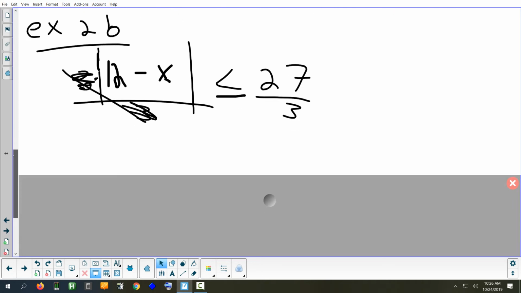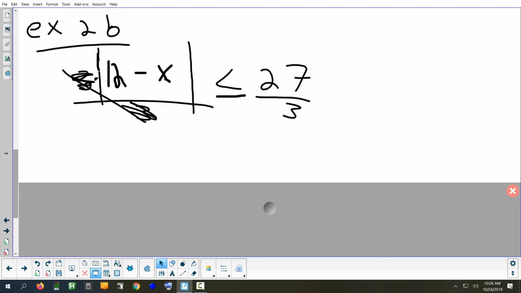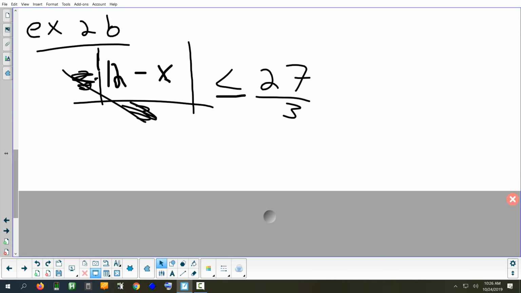Question: if you flipped it, would it become an or? Yeah. You base whether it's an and or an or on once you have the bars by themselves. You can't always look at the original problem and say, oh, it's less than, it's an and.